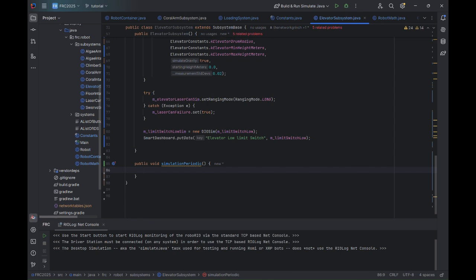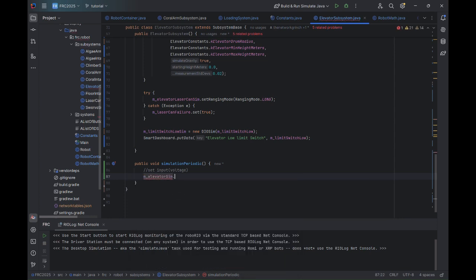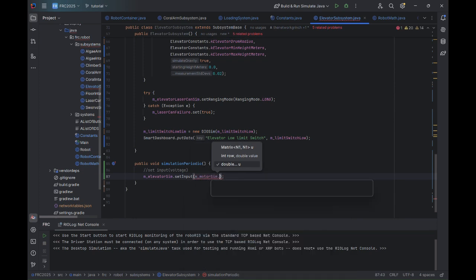So first, let's set the inputs for the elevator sim, which is the voltage from the motor and the battery voltage.